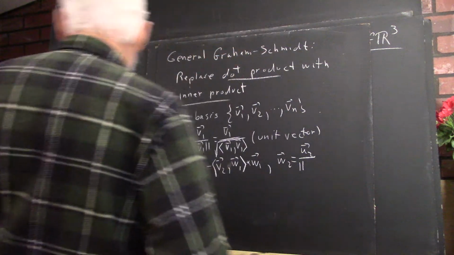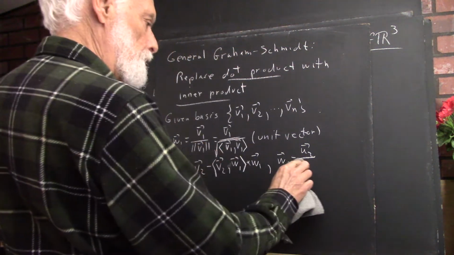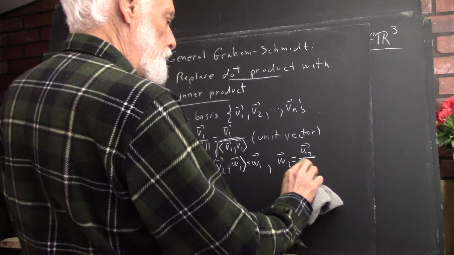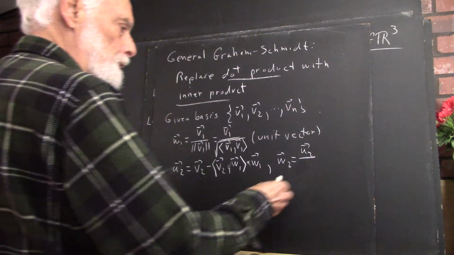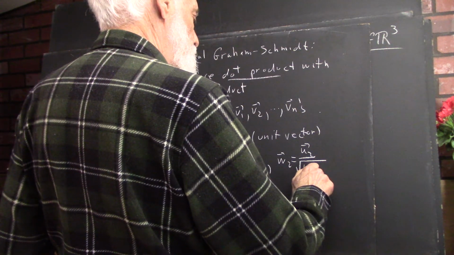I keep wanting to write magnitude, and I could, because the magnitude is defined to be the square root of the inner product of U2 with itself, but I'm going to write it out explicitly.